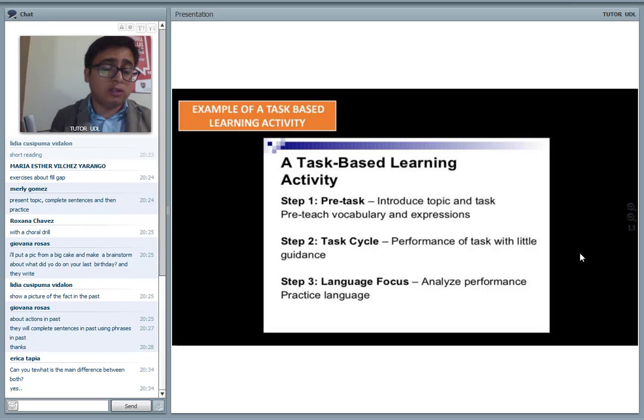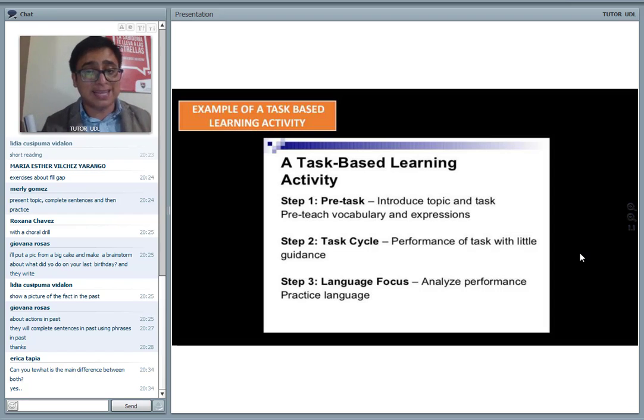Maybe here they don't need to do a task, a specific task, and they don't have to work in groups. Maybe they have to do it by themselves individually. And finally, they have to produce something. It's very short, there are not many things that they have to do.